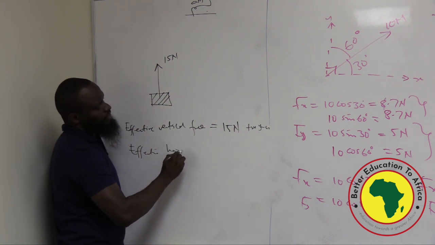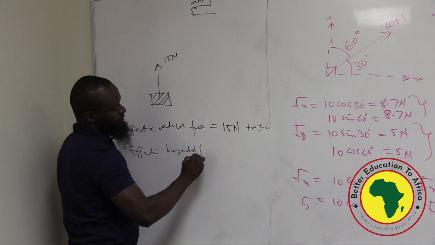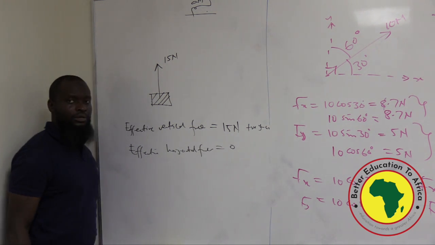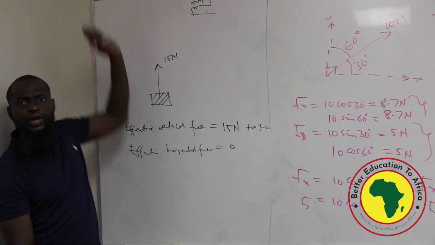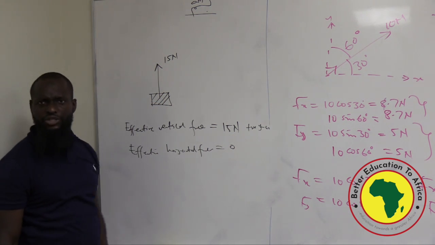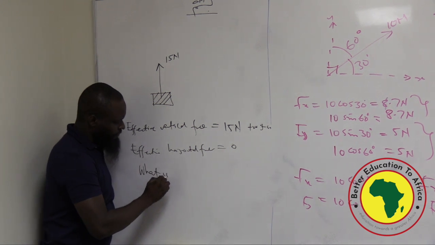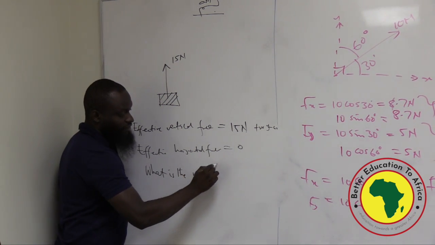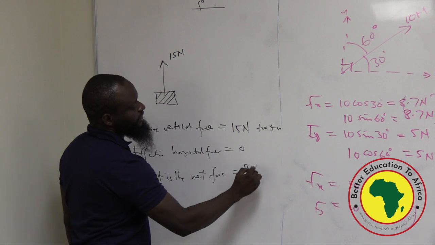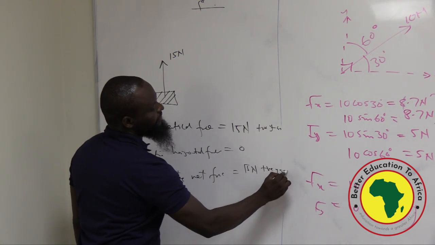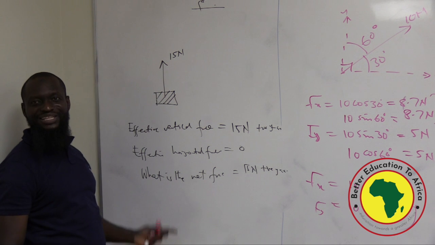Effective horizontal force is 0 because the vector is straight along the vertical. It has no business with horizontal. What is the net force? The net force is the same as 15 Newton to the positive y-axis because it's the only force active there.